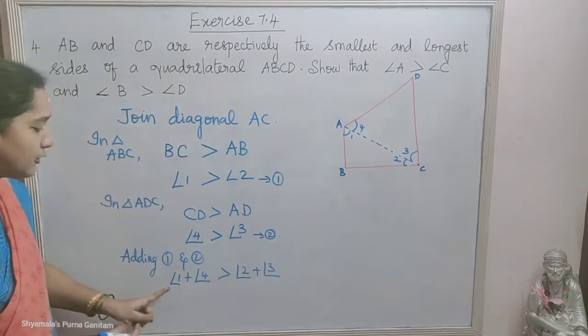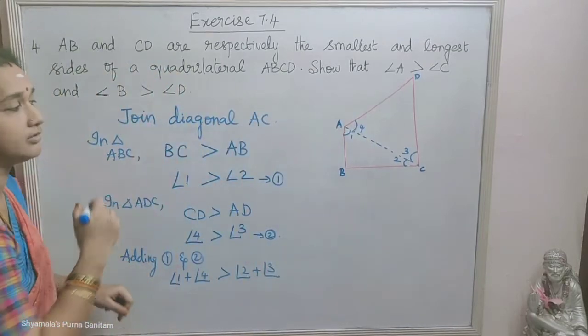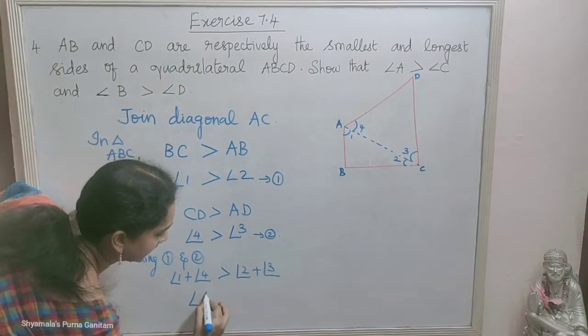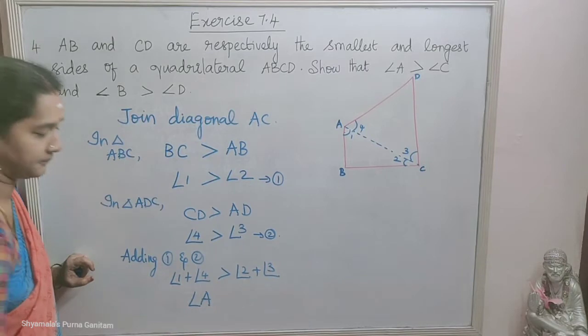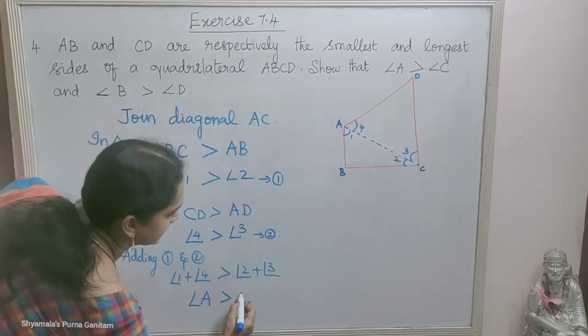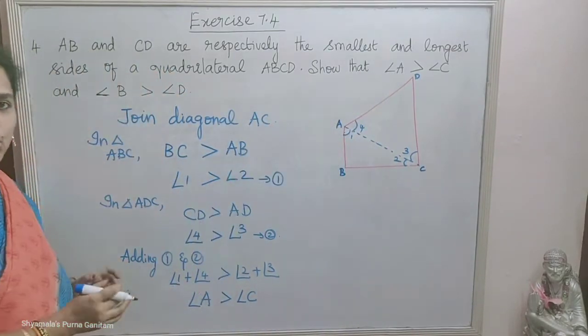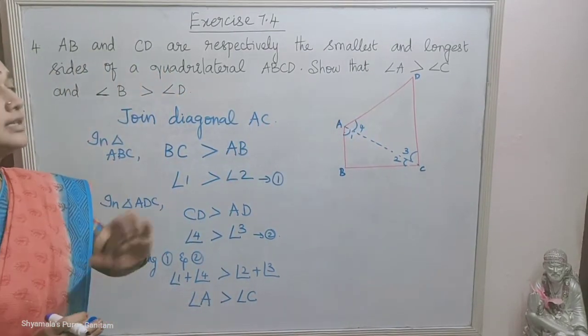If we add angle 1 plus angle 4, we get angle A. So, angle A is greater than angle 2 plus angle 3, which is angle C. So, this is the thing they asked us to show, simple with just the given information.